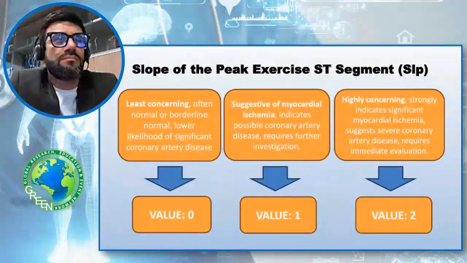And as you can see again, 3 value types, 0, 1, and 2, demonstrate least concerning, suggestive of myocardial ischemia, and highly concerning about this value.